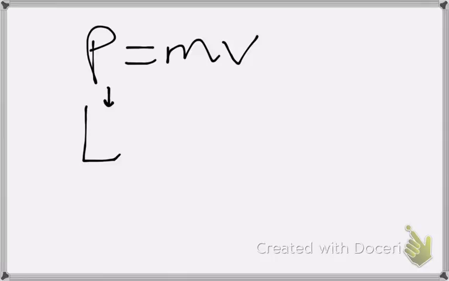And we already know mass and velocity as far as their rotational equivalents. One of them is the moment of inertia, I, and the other one is angular velocity, omega, or as some of you love to call it, wombo.